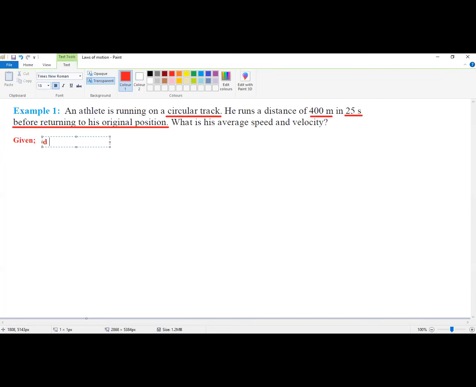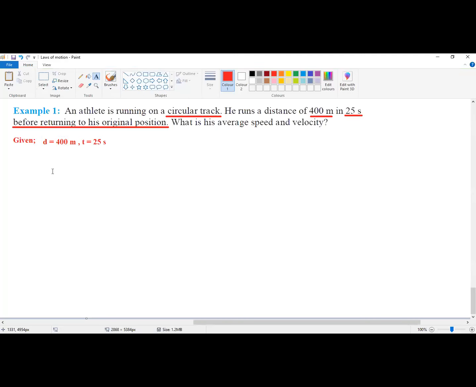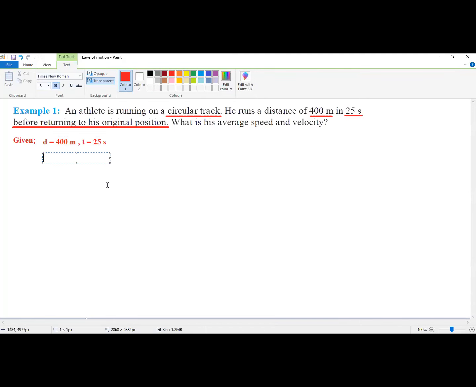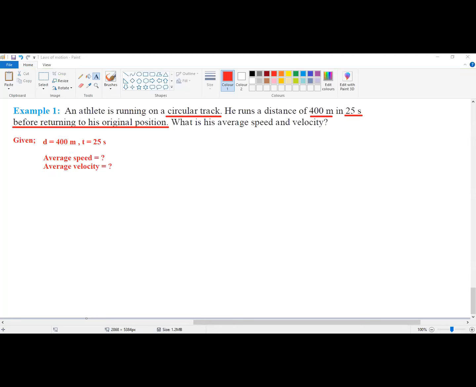Distance covered: the total distance is 400 meters. Time t is equal to 25 seconds. And you are asked to find the average speed and average velocity. So how to find this?